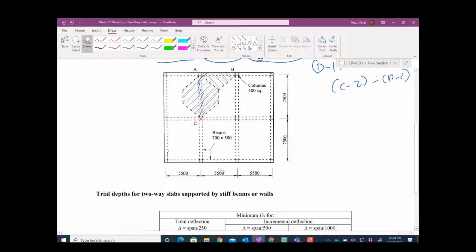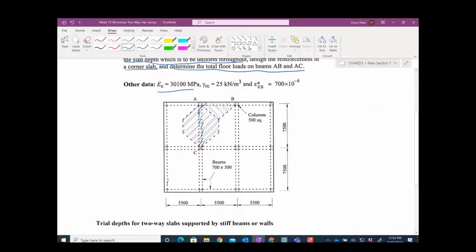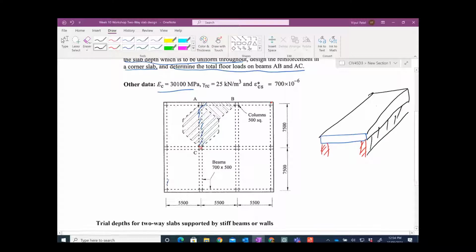Immediately when I look at these figures, there is a very quick note for two-way slabs. Unlike the one-way slab, if you remember, I am always going to take a reference from the one-way slab. A one-way slab is supported on two edges. In these one-way slabs, we have Lx, the shorter span.